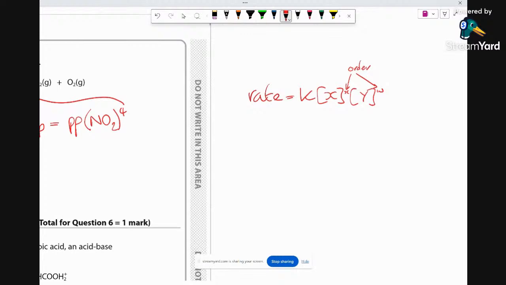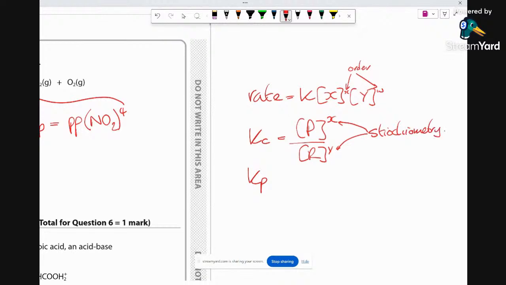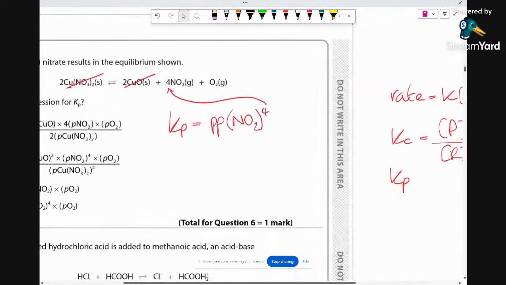But those are orders. In Kc and Kp, it's not. We have products over reactants, but these values are no longer orders. These are the stoichiometric values, straight out of the equation, hence the 4.